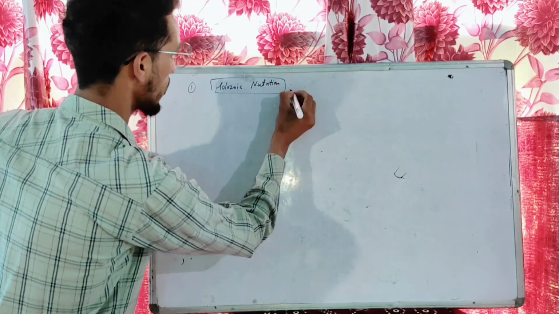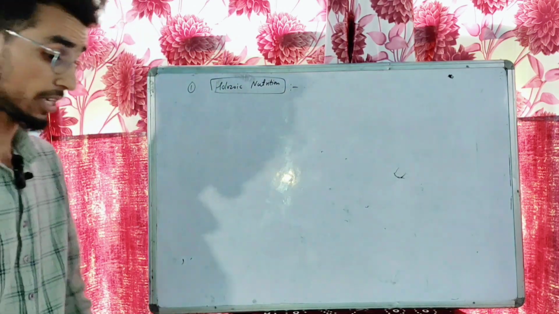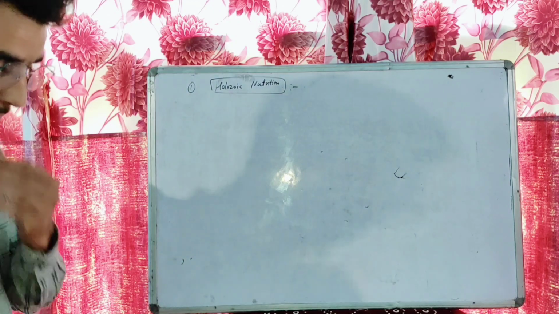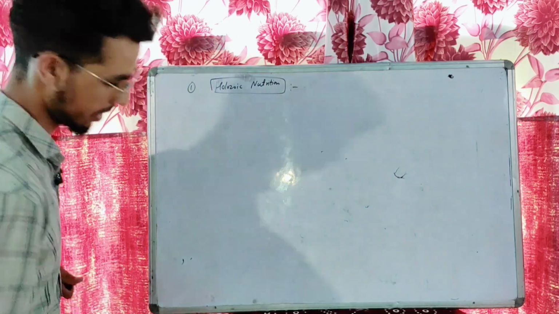nutrition. Now, holozoic nutrition: here the organism feeds by ingesting solid organic matter, which is then digested, means broken down, and then absorbed into their body.